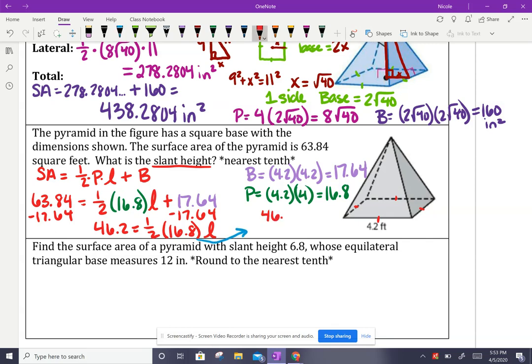And we get 46.2 equals 8.4 times the slant height. So then I divide that 8.4 on both sides. And we get a slant height of 5.5 feet. And now it's not feet squared because we're just looking for slant height. We're looking for one piece of measurement. How tall this is right here. This would be your slant height. Okay.